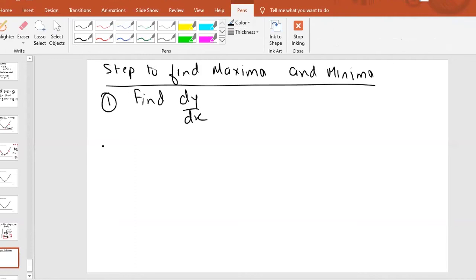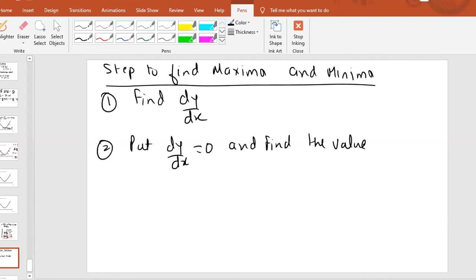Second step, put dy by dx equal to 0 and find the value of x at which dy by dx is 0.